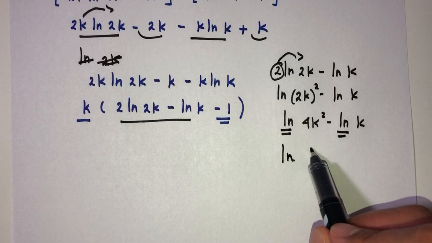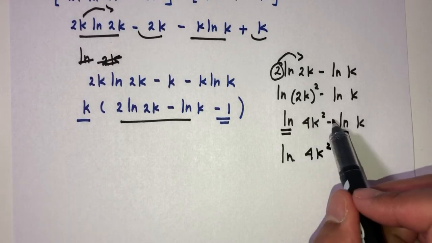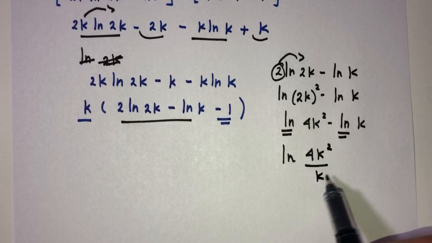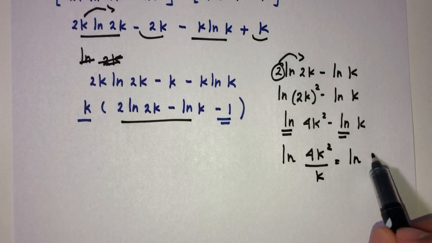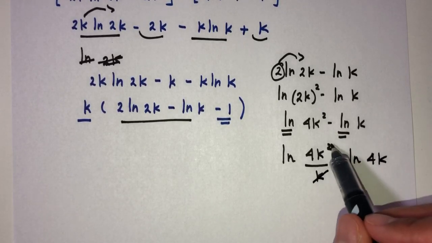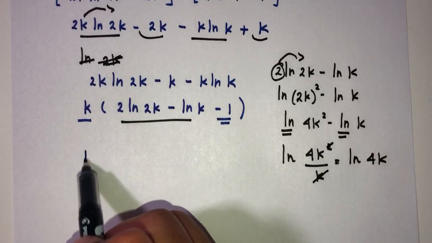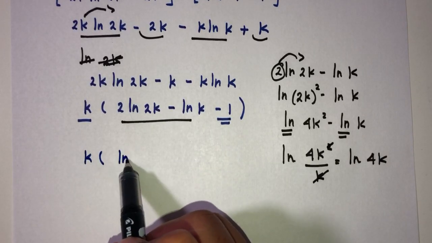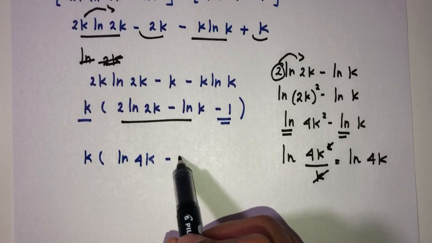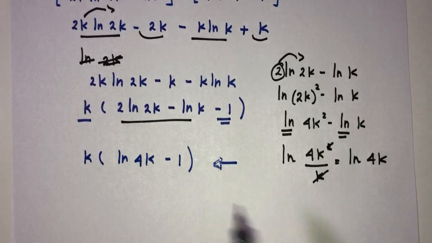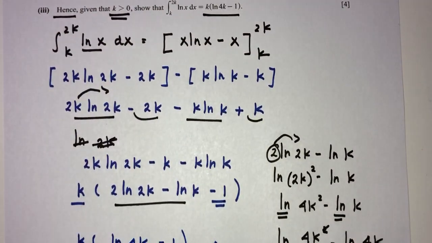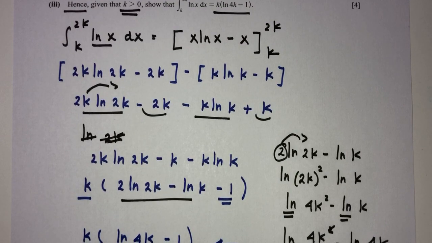So ln 4k squared, minus becomes divide by k. That will be ln of 4k, right? So we know this one becomes this. So let's write this down. This is k, and that will be ln of 4k minus 1. And this is shown as required in this question. That is your question number 9.